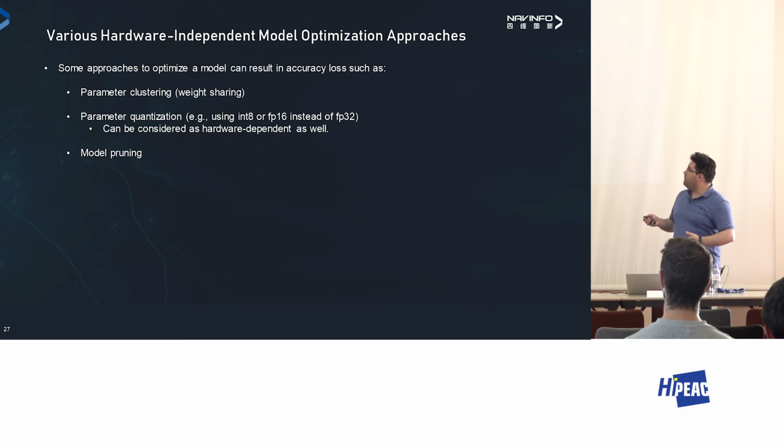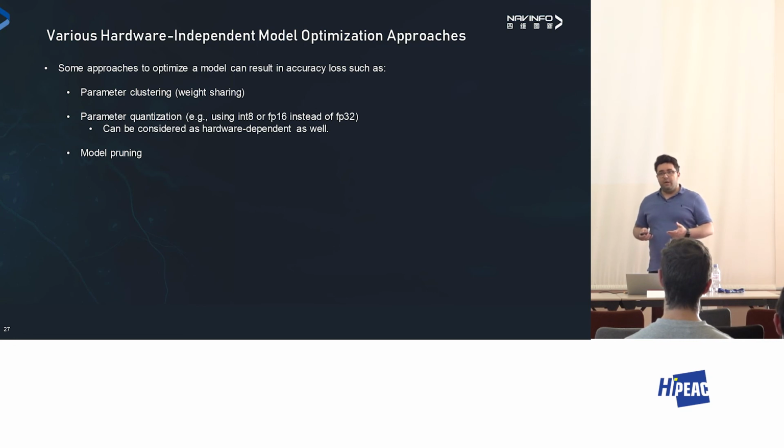Lots of works have shown that you can prune the model up to 40 to 50% without any accuracy loss. And then if you prune more, you start to see performance degradation in terms of accuracy.